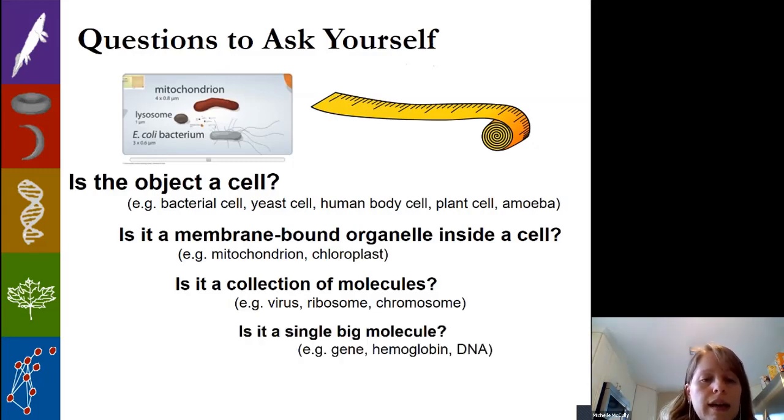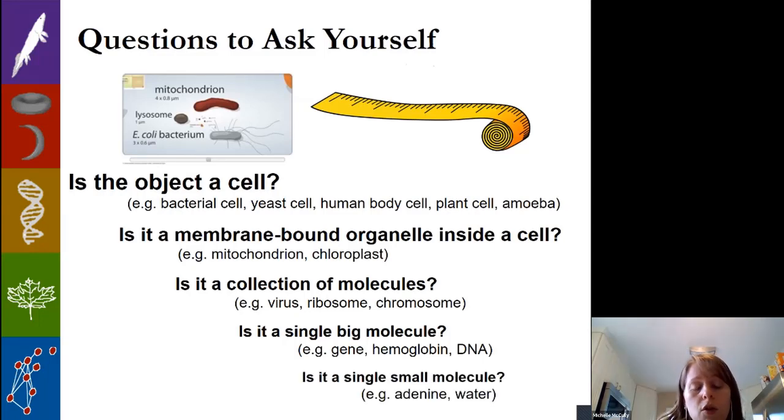And then once we're down to single molecules, the question is: is it a big molecule? We're going to be talking about the major classes of biological macromolecules in a second. So is it a big polymer, or is it a single small molecule or one of the pieces that make up a bigger molecule?